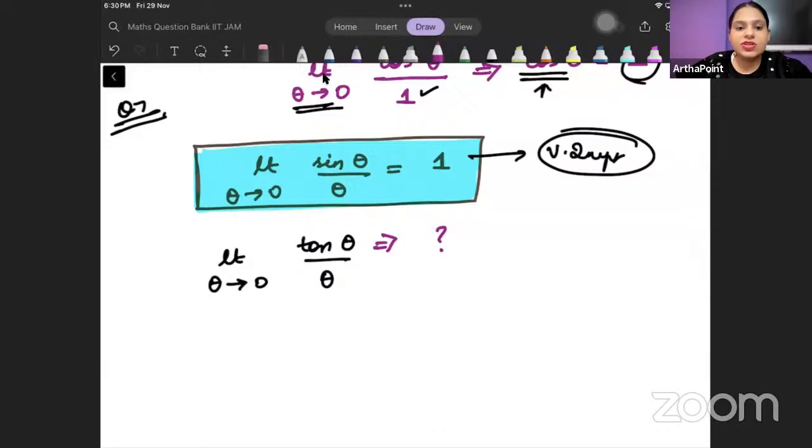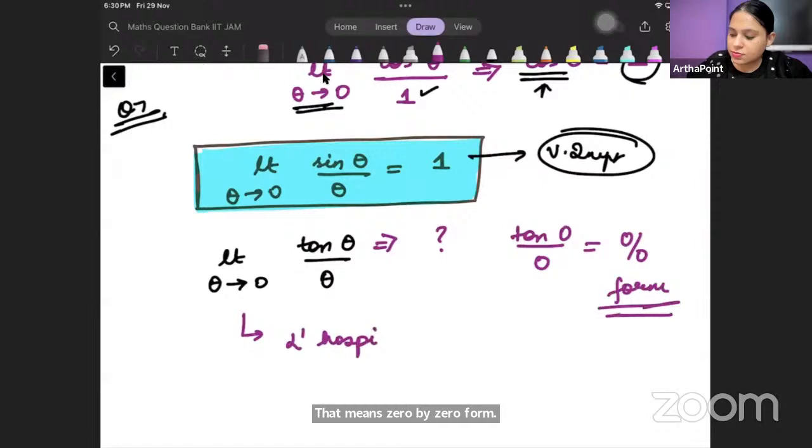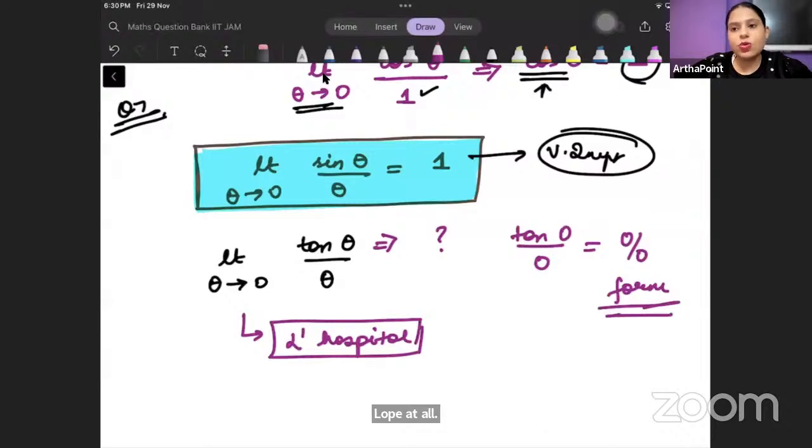So again, try this. Tan 0 by 0. That means 0 by 0 form. So when it is 0 by 0 form, you will apply L'Hopital. Isn't it?